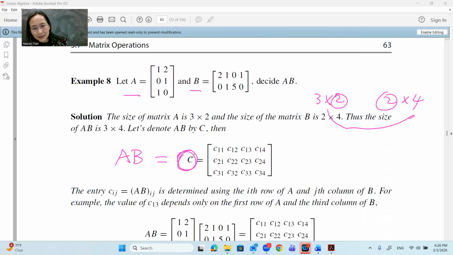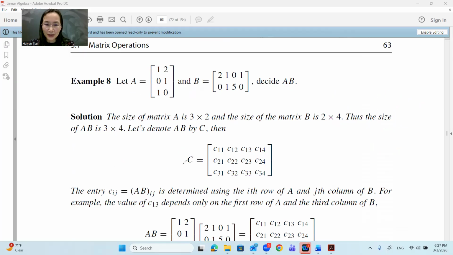So how do I denote each entry of C? Because it's 3 by 4, I have 3 rows, and each row has 4 entries, so 4 columns. So I write the matrix as C11, C12, C13, C14, C21, C22, C23, C24, C31, C32, C33, C34.